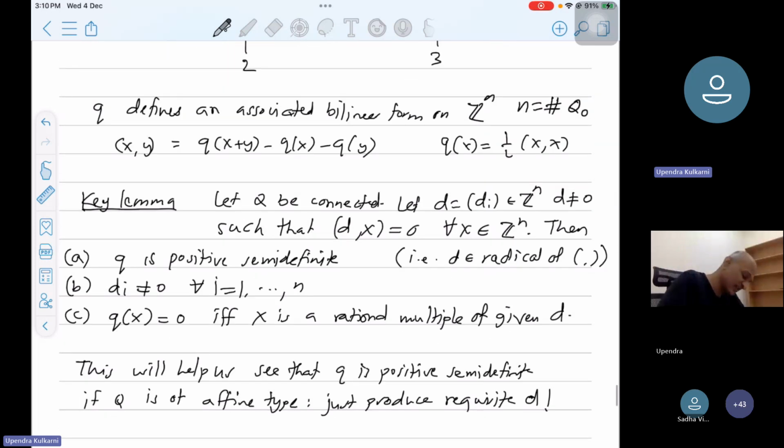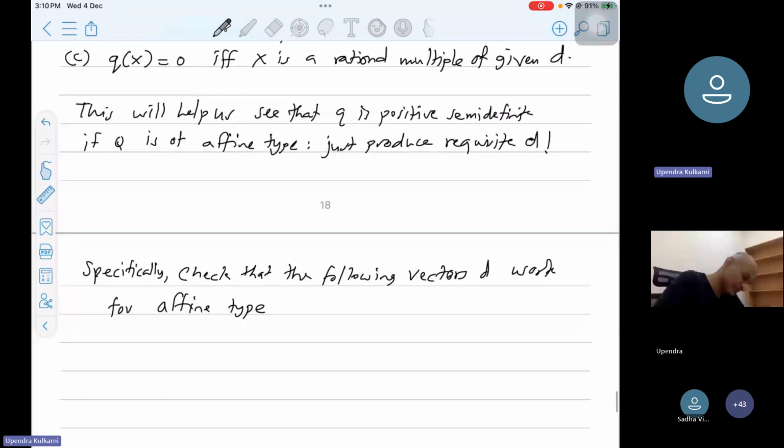I think we should really just check this. Check that the, so for type A, what is the form? Take a couple of minutes and try to work out what the form is.